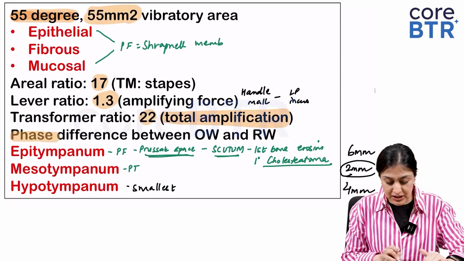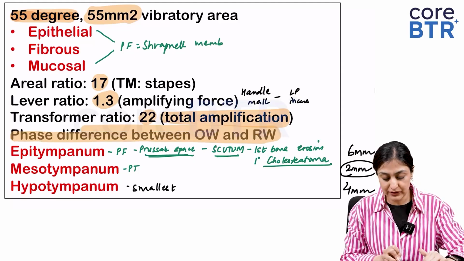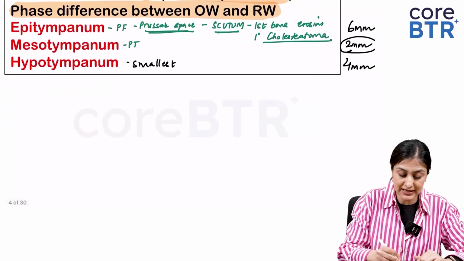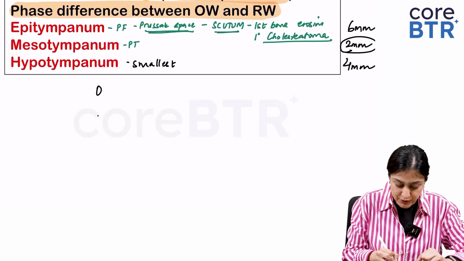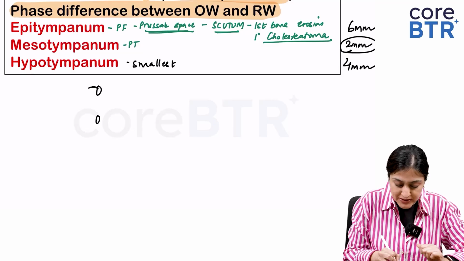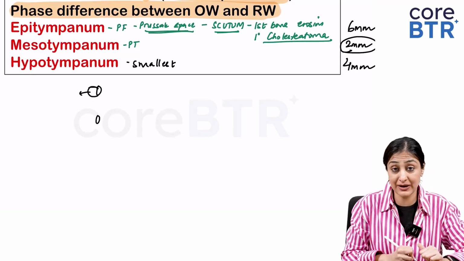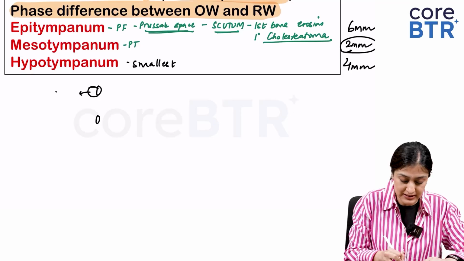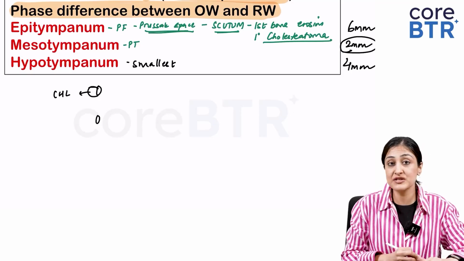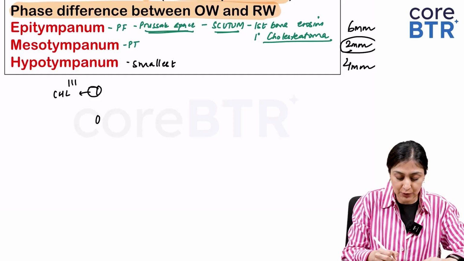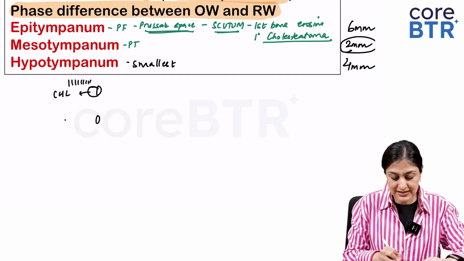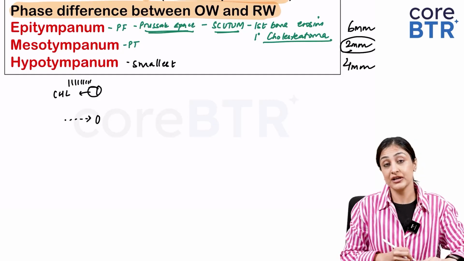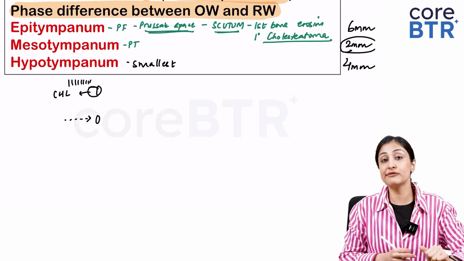Another advantage is the phase difference between oval window and round window. Now understand, if this is the oval window, this is the round window. The oval window is getting sound through the conductive pathway, right? This is where stapes is sitting. So the conductive pathway is always faster. So here the sound wave reaches faster, whereas here it comes in later, right? So there is a difference in the phase.